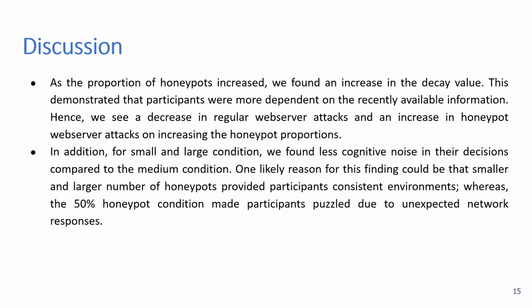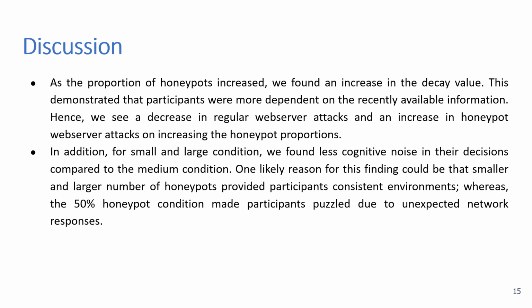So we conclude that with the increase in the proportion of honeypots, the proportion of honeypot probes and attacks also increased, and we also found an increase in the decay value. One possible reason could be that the participants became dependent on recently available information.